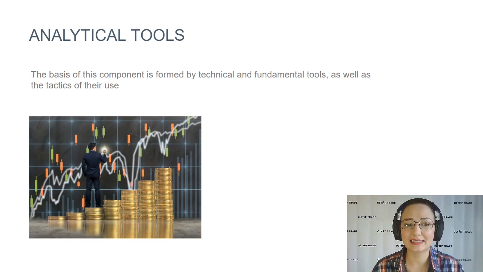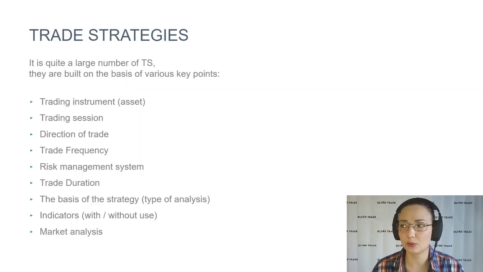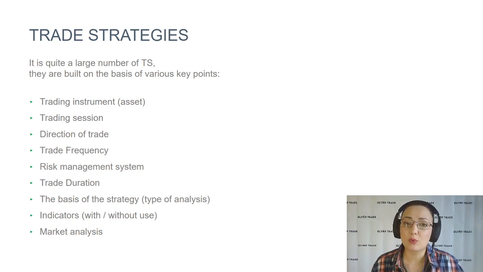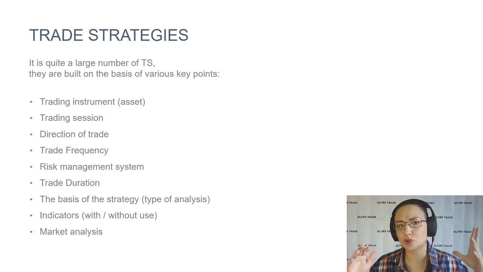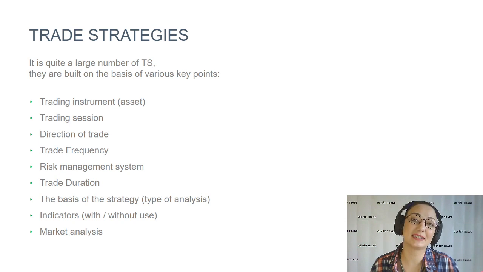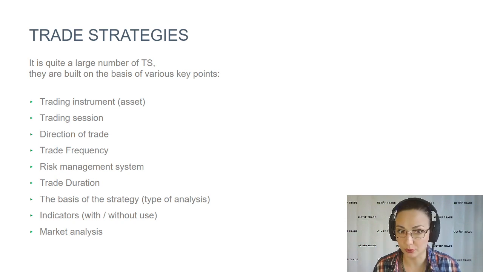Now, the next thing that I would like to discuss with you is what we have to pay attention to when we are making our trading strategy, our trading plan, our trading system. One of the things is that we have to choose the trading instrument, which is the asset. For example, maybe you like to trade the euro US dollar. I know I do, because it is the most tradable currency pair in the world.